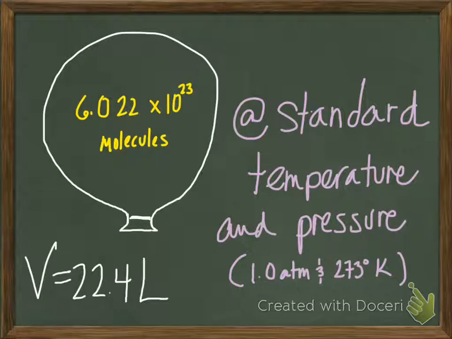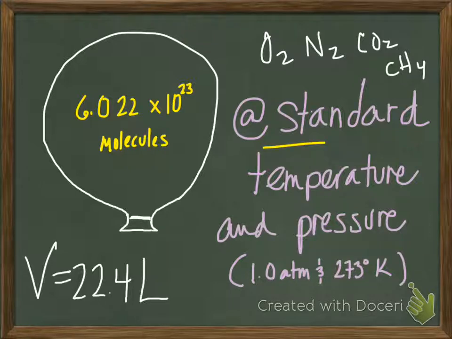It's really pretty remarkable. So it doesn't matter if we're talking about O2 or N2 or CO2 or methane. The list goes on and on. Any gas at STP, standard temperature and pressure, will have a molar volume of 22.4 liters.